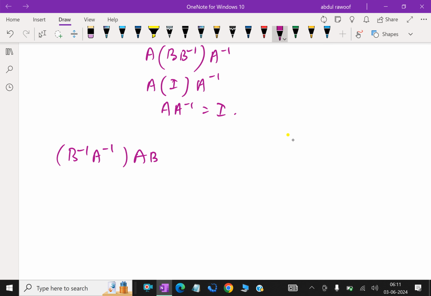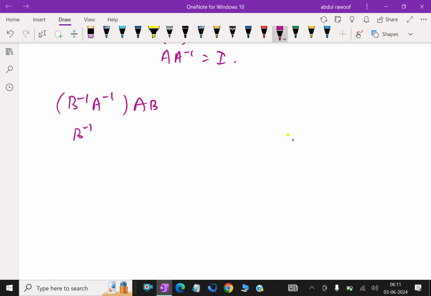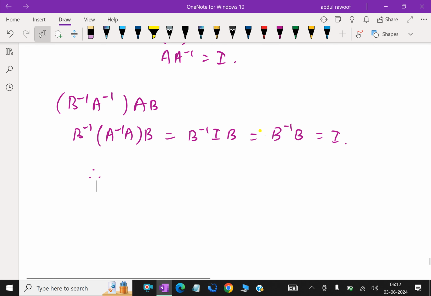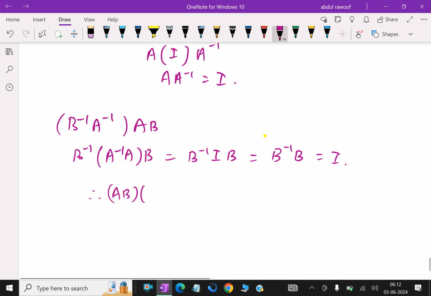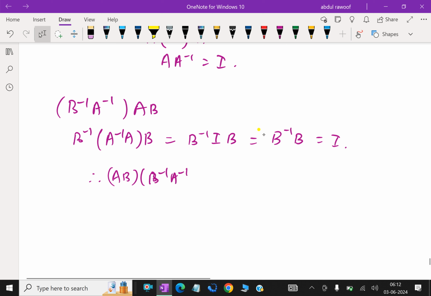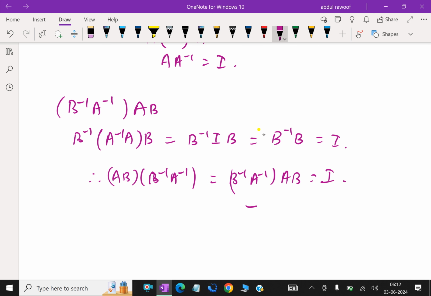First, B inverse into A inverse A into B, which is further equal to B inverse, A inverse A is I, B. Then B inverse I into B is B, B inverse B is I. Therefore, we can write the complete result: AB into B inverse A inverse equals B inverse A inverse AB equals I in general.